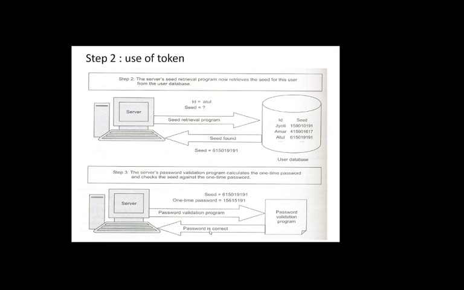If the password is correct, then the authentication token at the client side, which generated the one-time passcode 156159191, will also generate the same value against this seed value. So the program validates what the one-time passcode is against this seed value. If it finds that the one-time passcode is 156159191, it says the password is correct. Otherwise, it invalidates it.